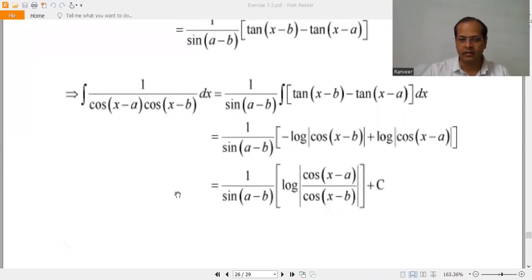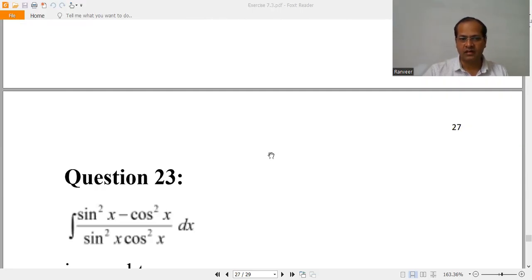The integral of tan is minus log cos(x minus b), and minus minus becomes plus here. This is the very important part, and this is the direct formula. So log a minus b, log a by log b. This is the answer. So this is a very, very important question.